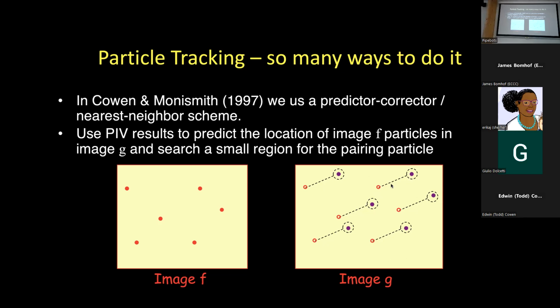And that's what I first started doing in the 90s. That's really the heart of Cowen and Monismith, the first publication I have in this space. And it gave us relatively high density particle tracking algorithms. But in that, you end up with a problem that your particles are now at random locations.